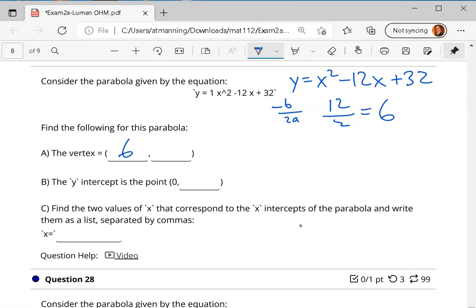But what is our y? Well, we have to plug 6 in there. To get our y, we get 6 squared, 36, minus 12 times 6, plus 32, or 36 minus 72 plus 32, or 68 minus 72 is minus 4. So y of minus 4.